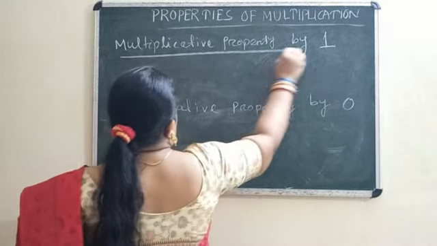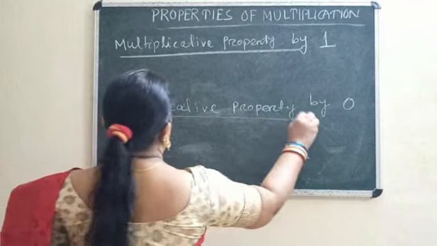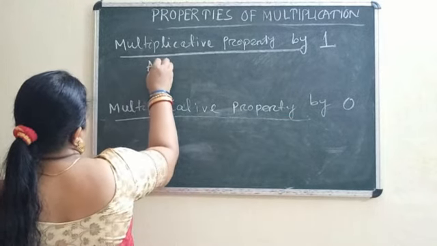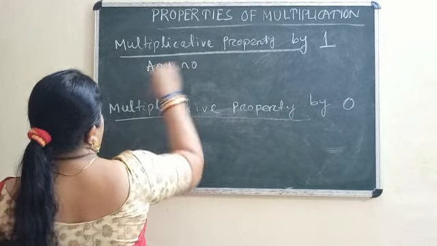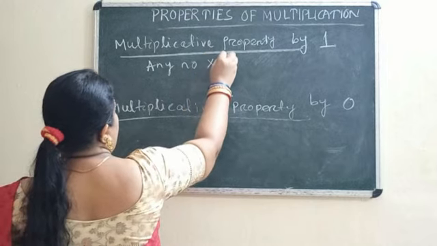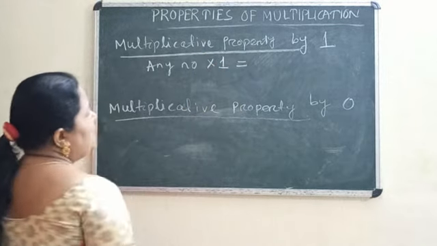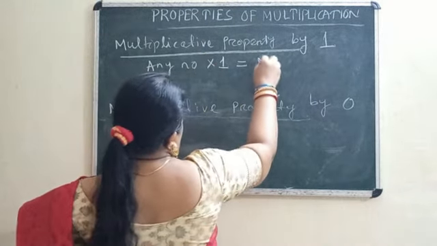So what do you mean by this and what do you mean by this? Any number multiplied by 1, the product will be the number itself.